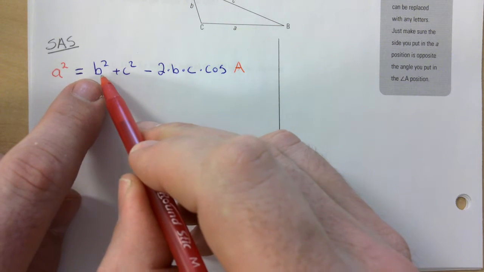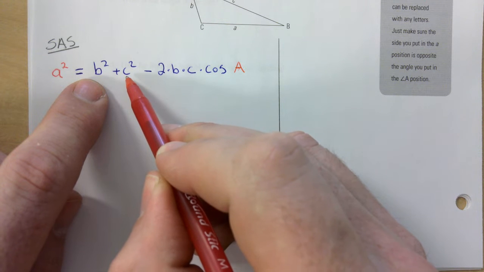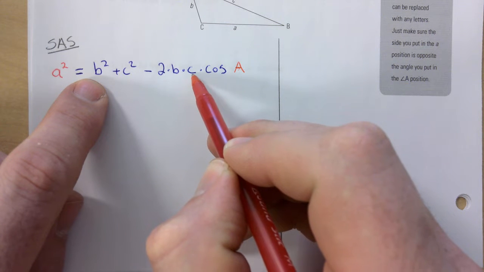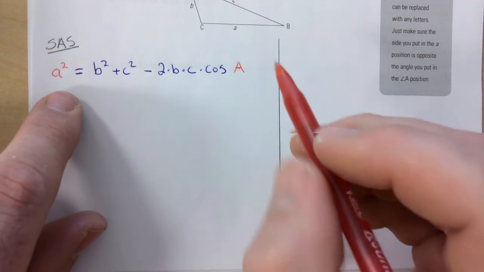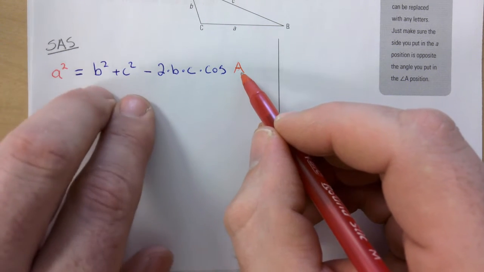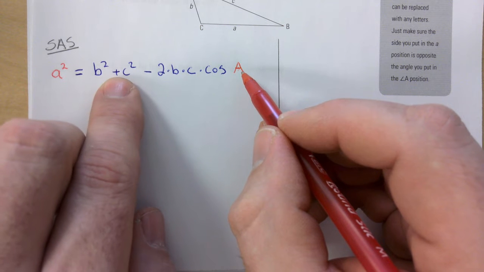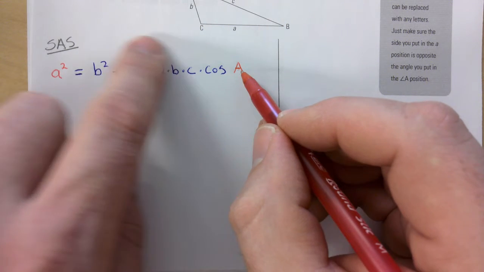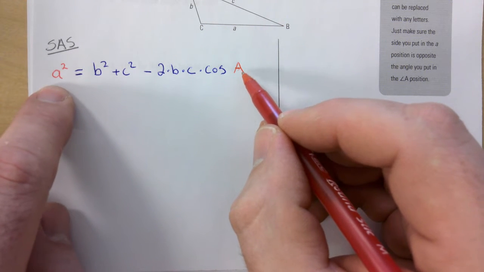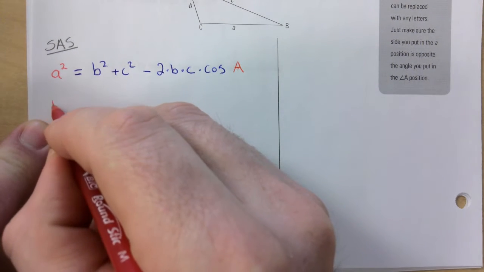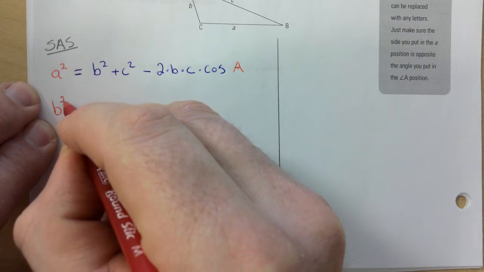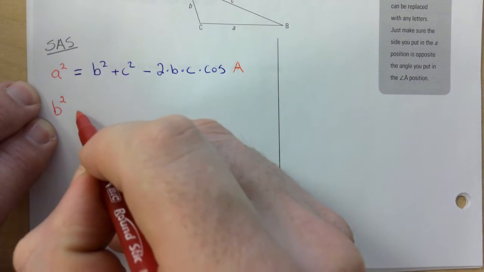And these are the other two sides, B and C. If you're given an angle and the two sides, B and C, you're going to be solving for that side length that's across that angle. I'll give you some examples later on. So the same thing can be said about b squared. Let's say you want to find side B.